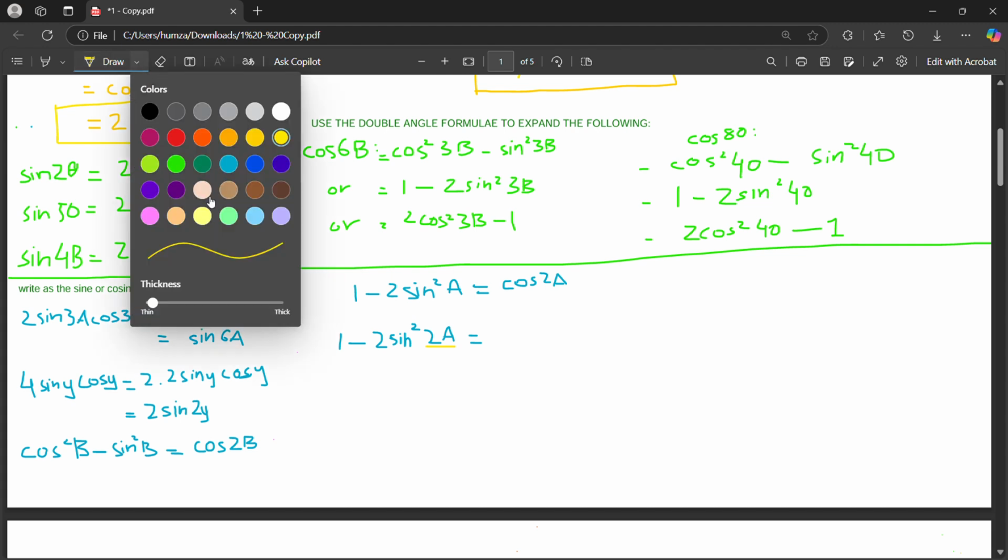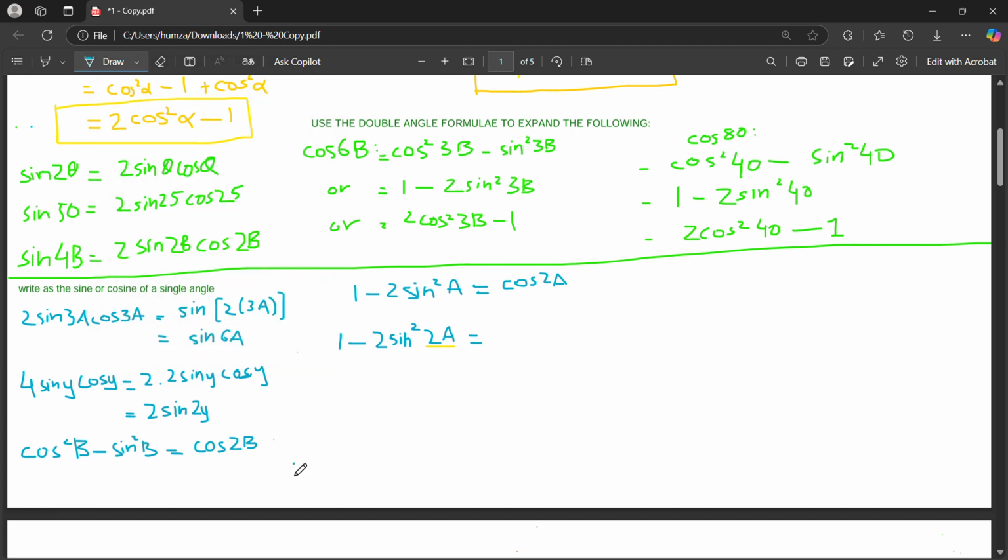So this 2a, we can write this as your cos 2 times your 2a, and that is your cos 4a, or you can say cos 4 alpha.